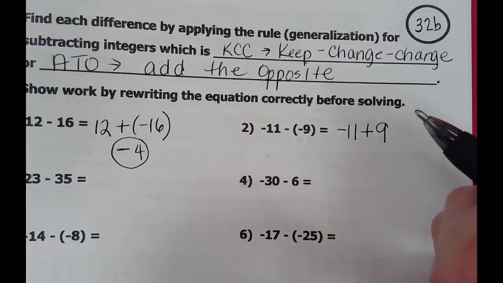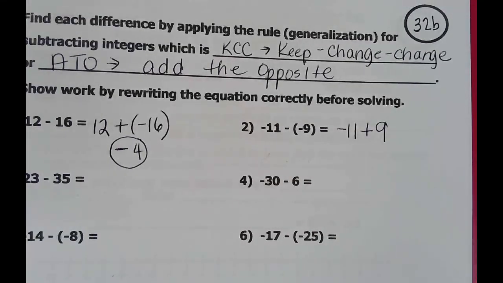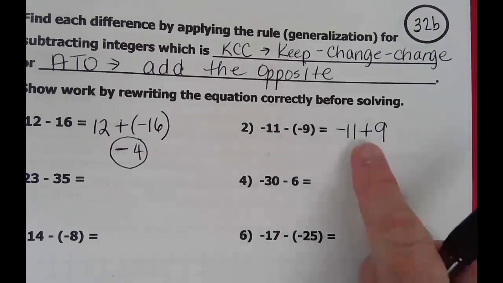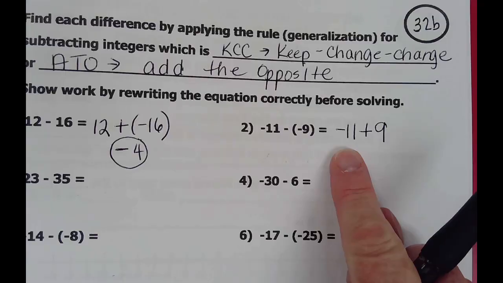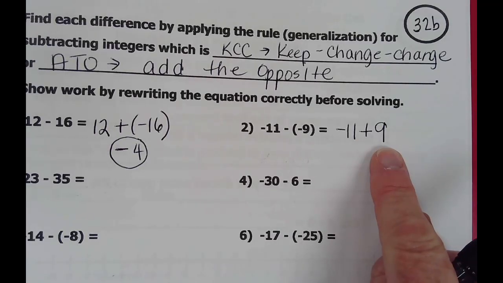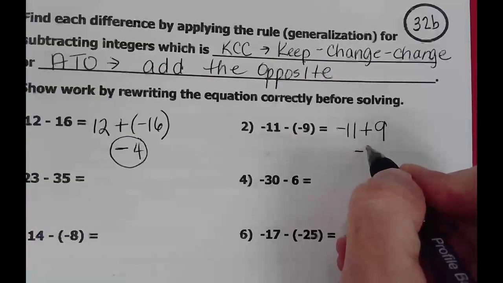If I put them together, what is the sum going to be, Colton? So if I owe you $11 and I have $9, what do I do with the $9 that I have? I have to give it to you. Are we even, or do I owe you money, or do I have money? There we go. It's going to be a -2.